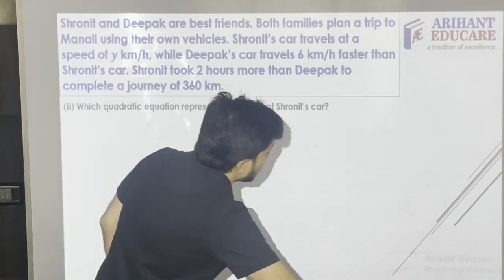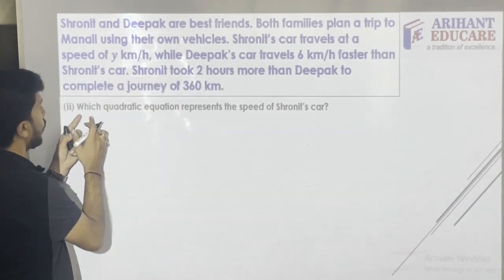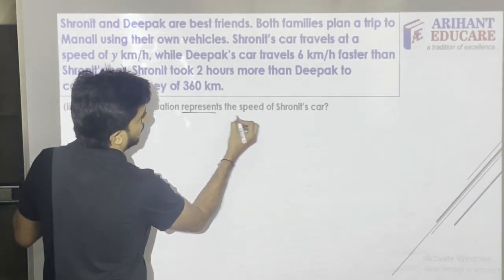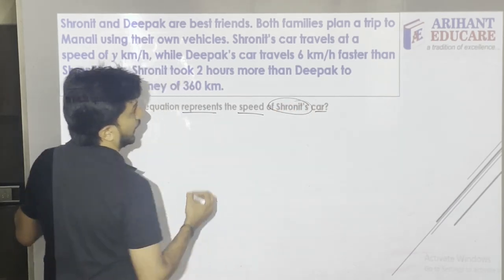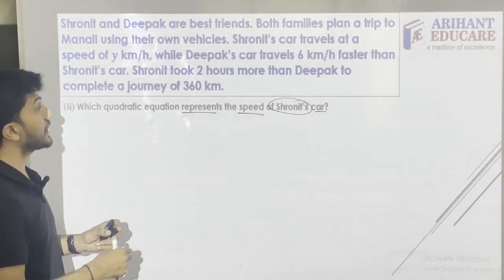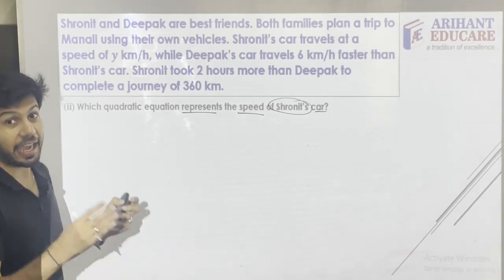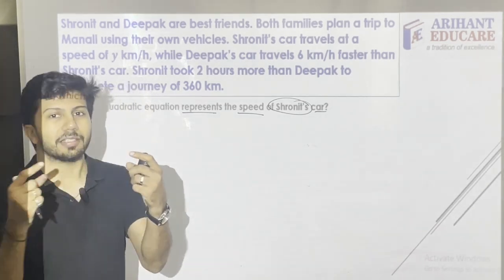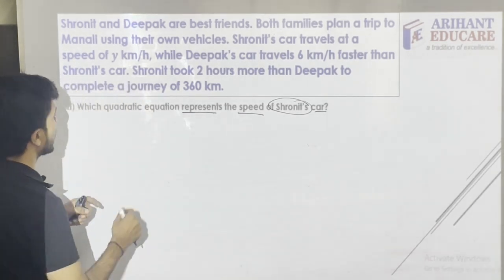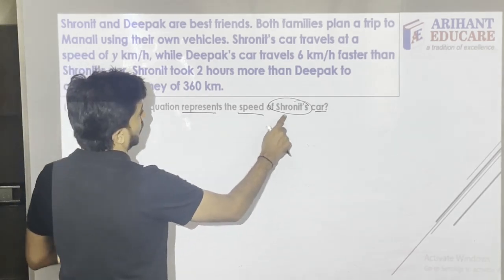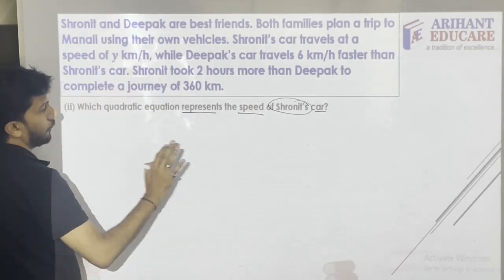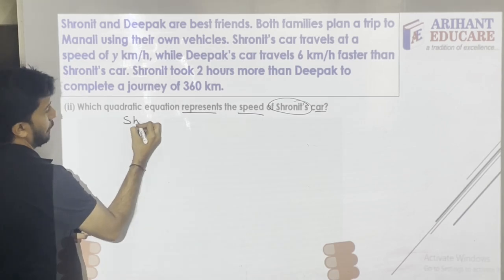The case is still the same. They have asked, which quadratic equation represents the speed of Shronit's car? What equation will represent my car's speed? I need to calculate the equation. That is what they have asked. So let me have two different cases over here. One is my car.